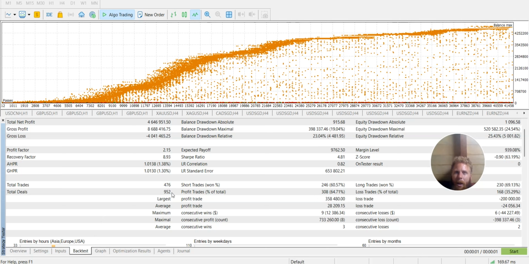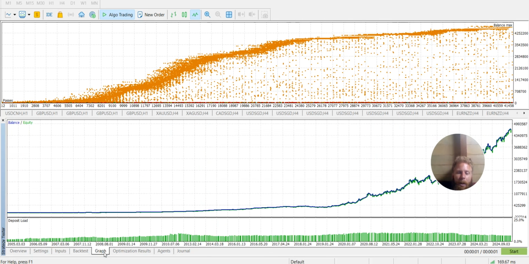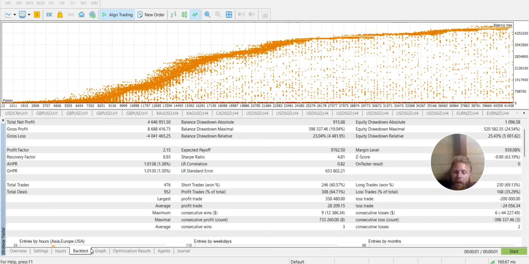It is an algorithm that has, I don't know how to say it without going too deep into mathematics, the optimal edge over the market in statistics, because we don't have a loss ratio that is 10 times the average profit per winning trade. I'm seeing so many gold EAs like that.